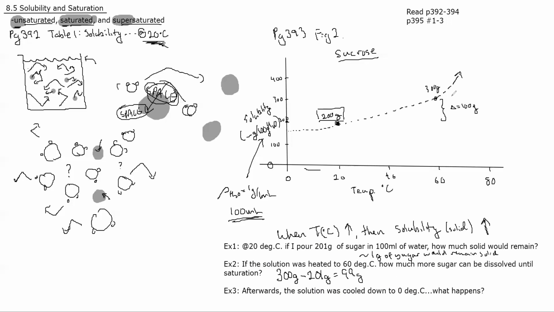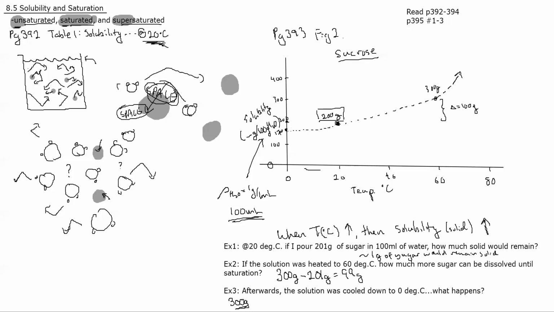Well, right now, if we are at 60 degrees, how many grams of sugar are there? 300. At 0 degrees Celsius, if you look at the graph, it looks to be approximately 170 grams. If this was quickly cooled, the amount of sugar inside water would be 300 grams. The amount of space available is 170.